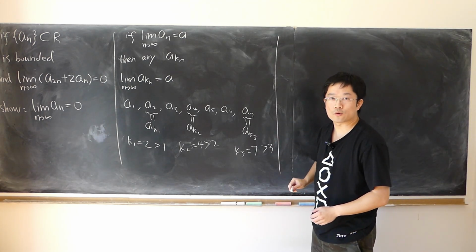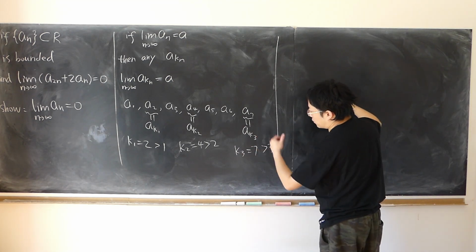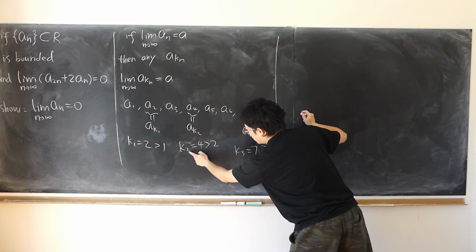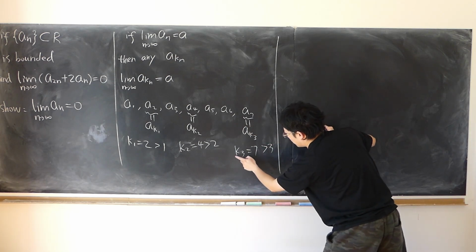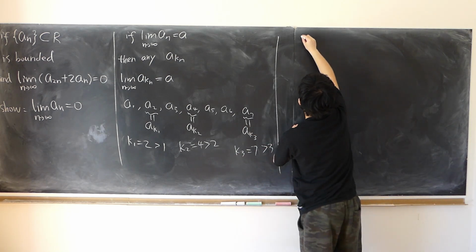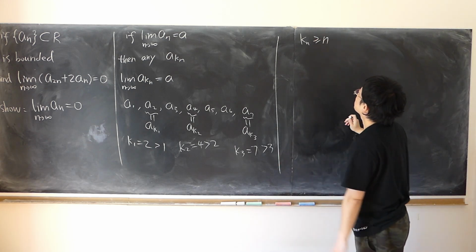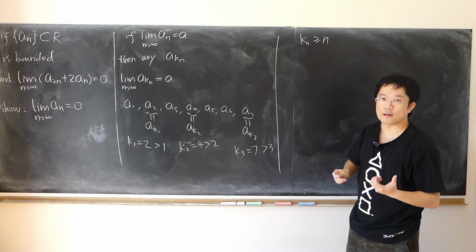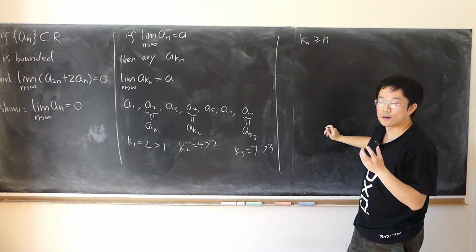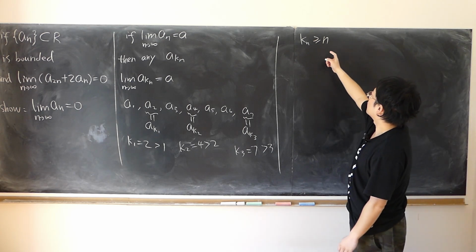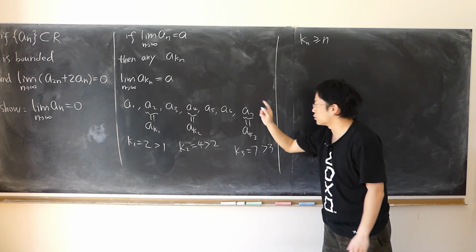So what I'm trying to say is that in general, Kn is bigger than n. This is clear. The subscript of our subsequence runs faster than the subscript of the original sequence.